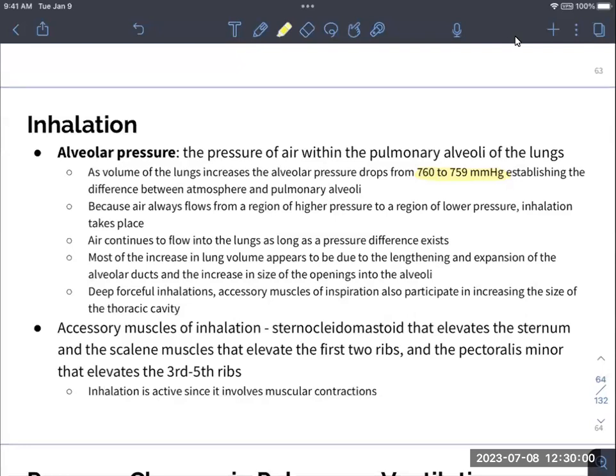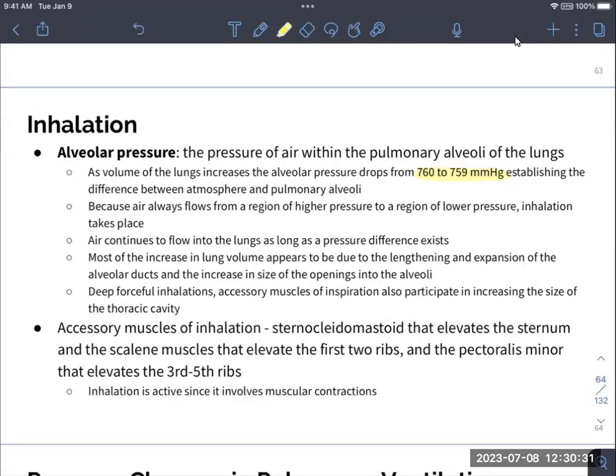Since the pressure inside the lungs and inside those alveoli are now lower pressure than that atmosphere, we want to even it out so it's at atmospheric pressure. So that in itself is what causes that air to move into the lungs. Air will continue to flow in. You'll continue to breathe in as long as we have that pressure difference.